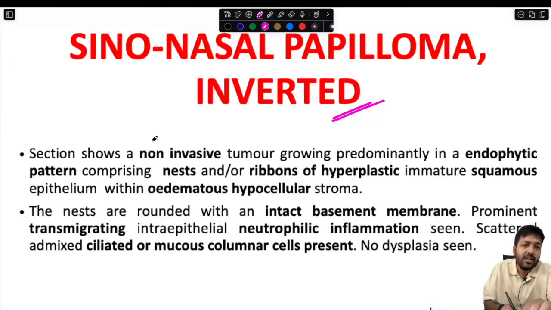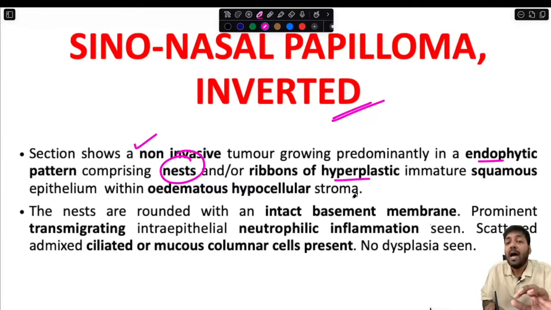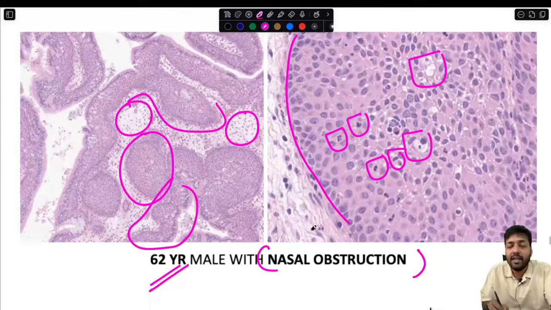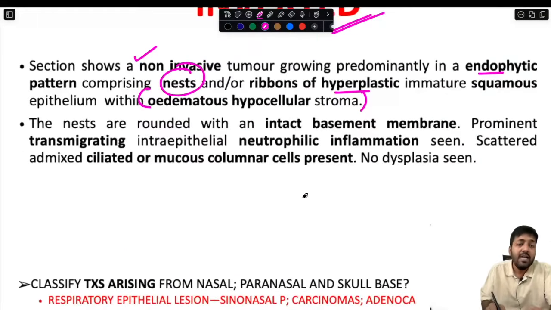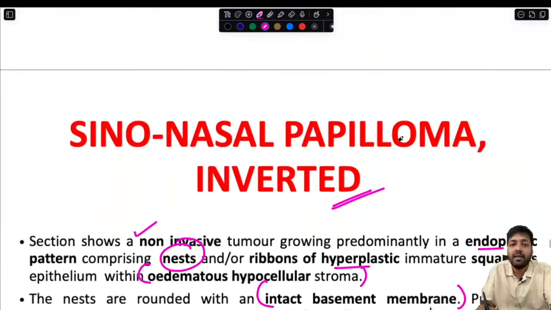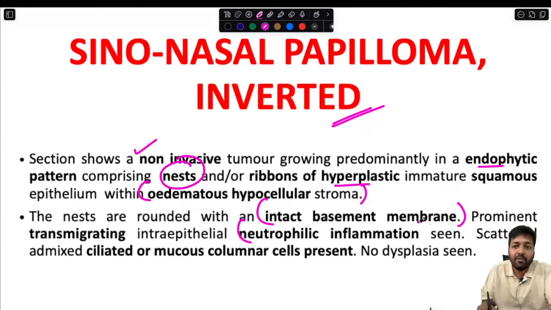Section shows a non-invasive tumor growing predominantly in an endophytic pattern comprising nests and/or ribbons of hyperplastic immature squamous epithelium within an edematous, hypocellular stroma. The nests are rounded with an intact basement membrane, and very importantly, you can see prominent transmigrating neutrophilic inflammation.